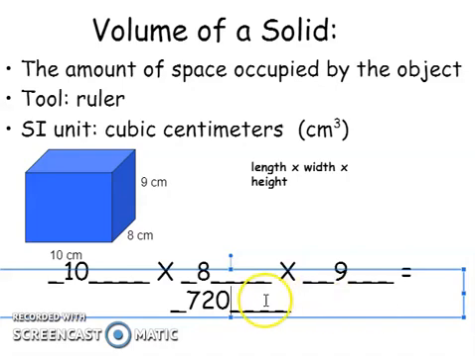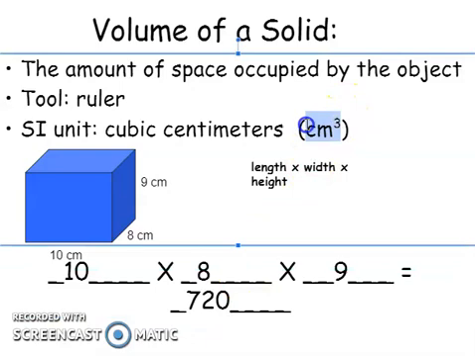All right, so that would be the total volume of this solid, but there's something very important missing from that number. Okay, we always must put the unit. So it's 720 centimeters cubed.